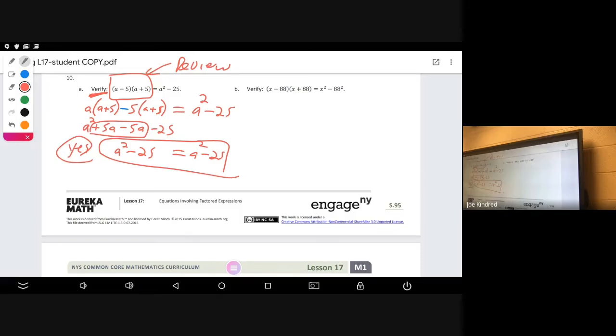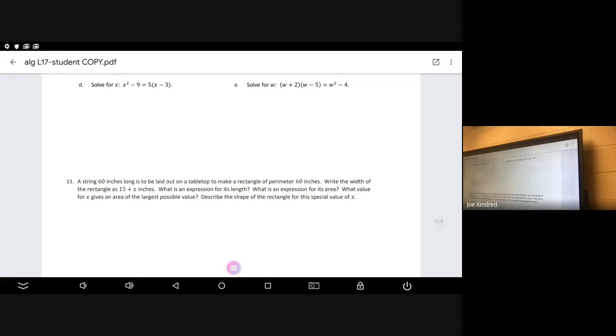Okay, one more. So it says solve for x. So watch. This expression right here breaks into x minus 3 times x plus 3.